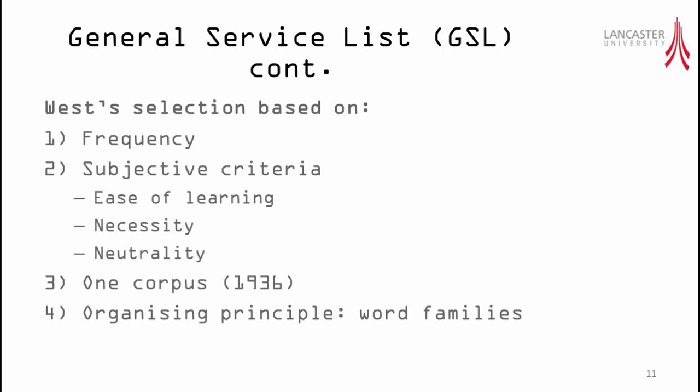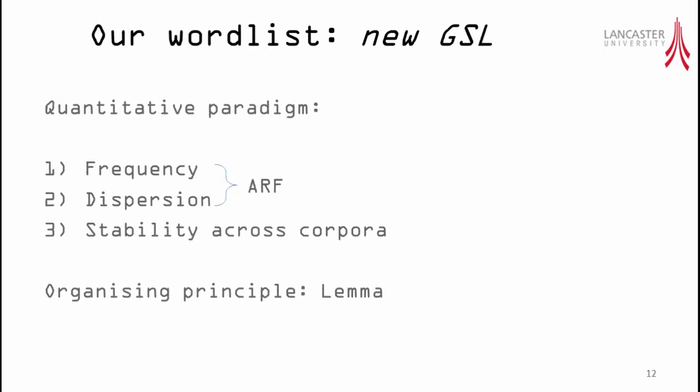Okay, when we look at the new general service list, it is based purely in a quantitative paradigm. We used 3 criteria for vocabulary selection: frequency, dispersion, and stability of a lexical item across different corpora. And the organizing principle we've selected was lemmas.